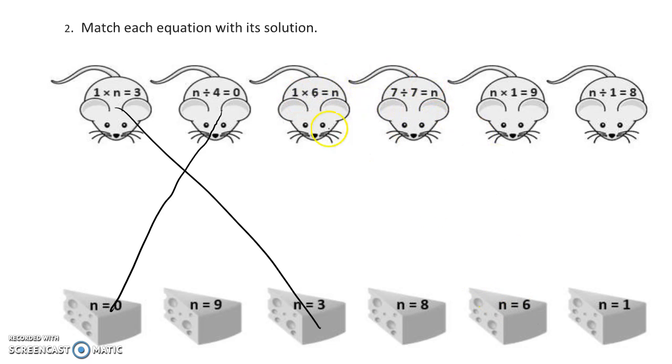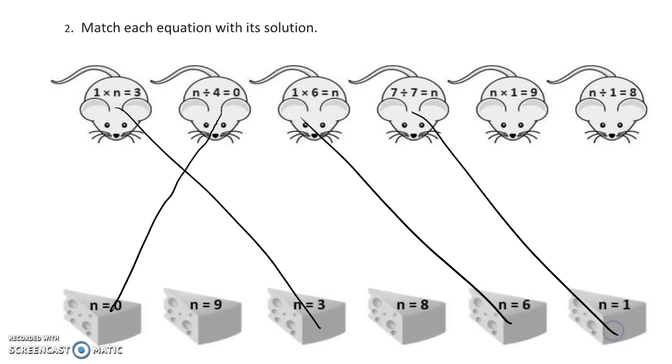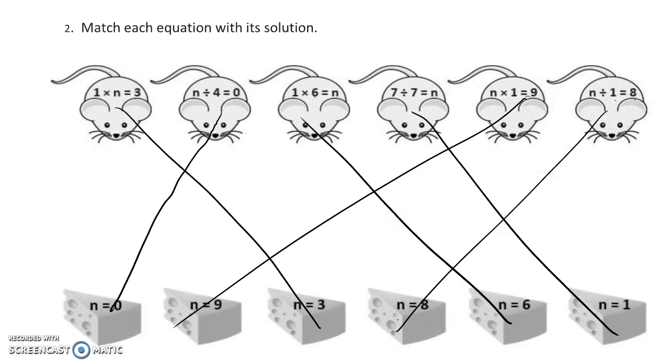So this has to be 6. Any number divided by itself is always 1, which is over here. What number times 1 is 9? 9. And then what number divided by 1 is 8? Or 8 times 1 is 8. That's how I like to solve that problem.